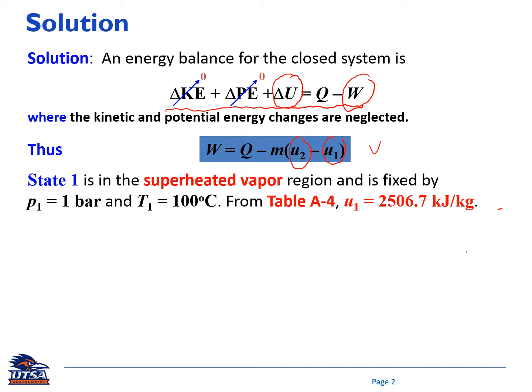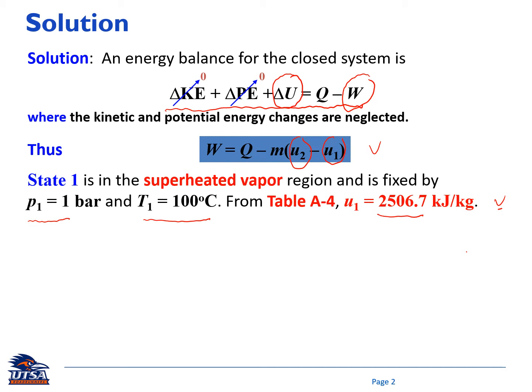So you go to table A4 and find out what is u1 at 1 bar and temperature at 100 degrees C. You can see here from table A4, check it by yourself, that u1 equals 2506.7 kilojoule per kilogram. 1 bar, 100 degrees C is available in the table, so you don't need to do any interpolation there. So it's ready to go.